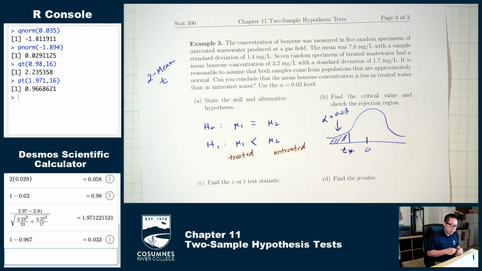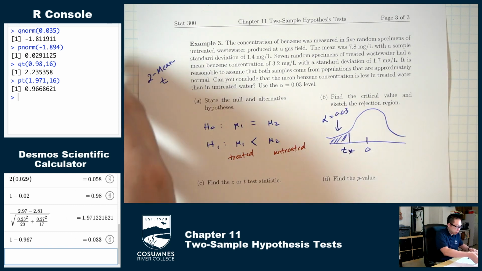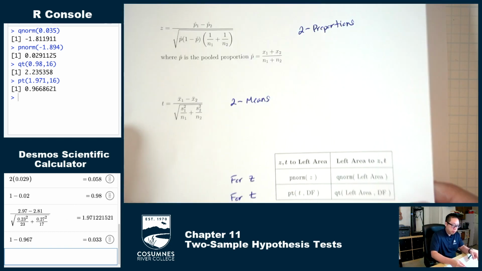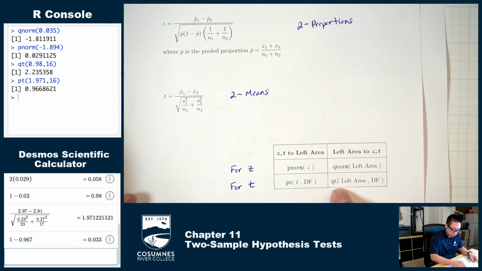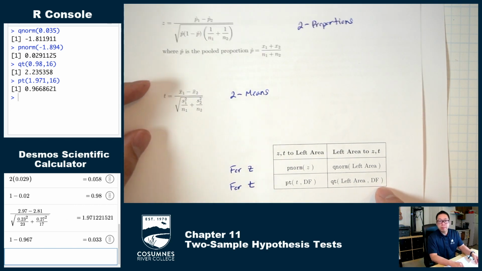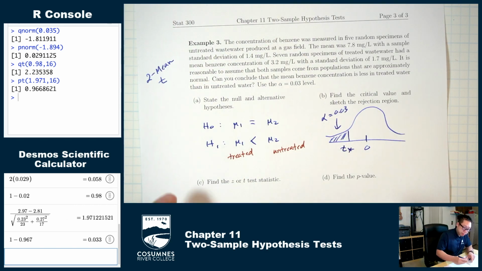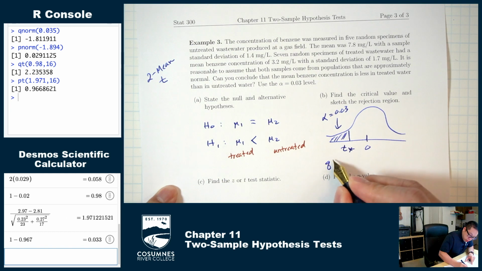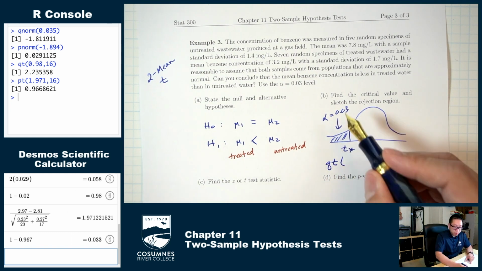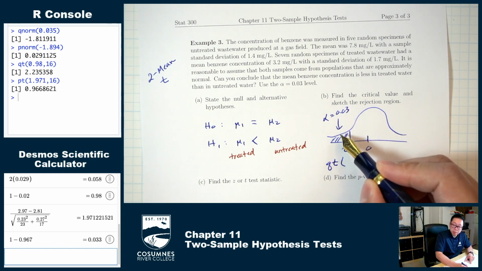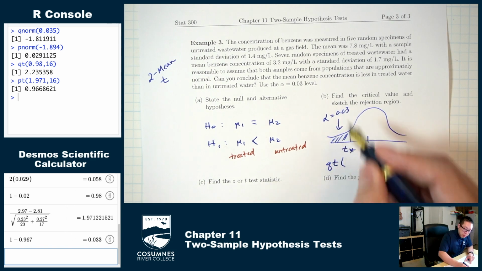And this is going to be an area to T question. Area to T for a T situation is going to be QT, left area, DF. So we're going to do QT, left area. 0.03 is the left shaded area, so we don't have to do anything to it here.